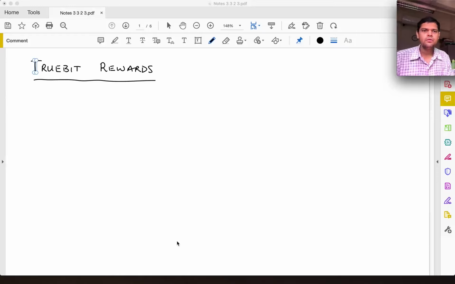I wanted to finish up on TrueBit in this lecture. We discussed last time how TrueBit works. First, a solver is going to submit two solutions, and then he's going to point to one of those solutions depending on the random bit the system provides.